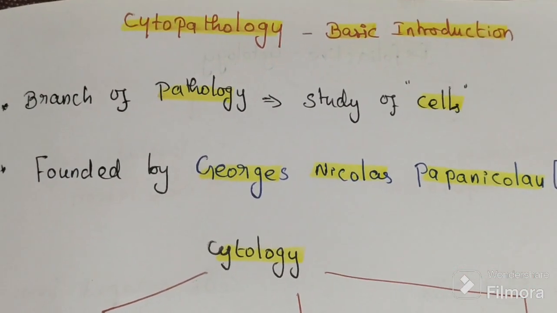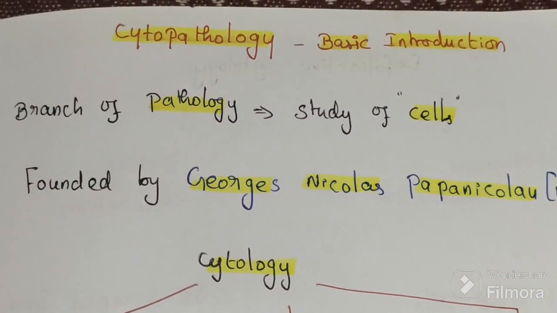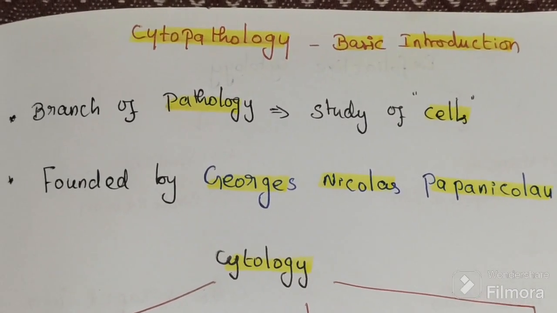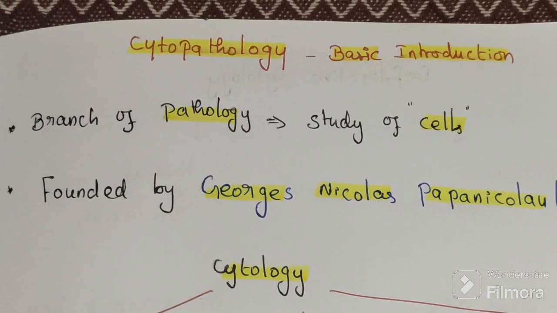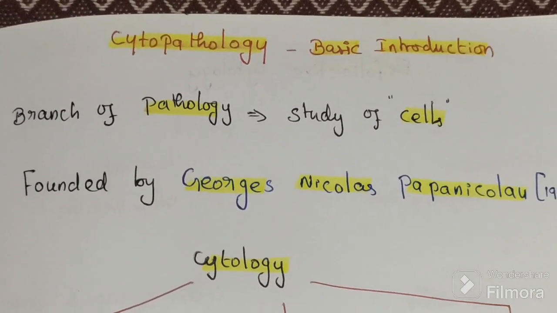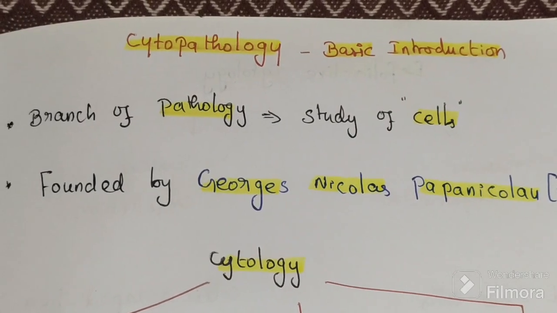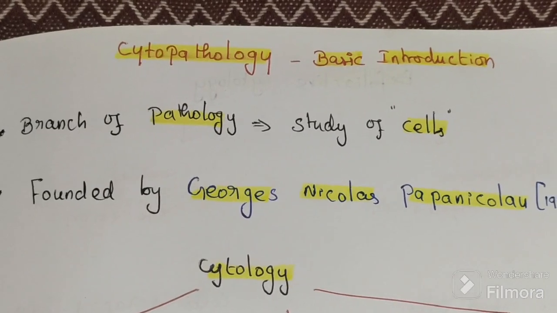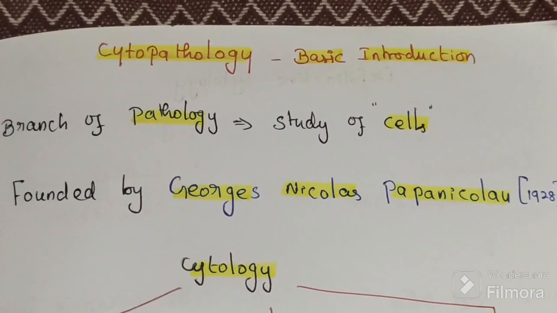In this video, we'll discuss the introduction part of cytopathology, a basic introduction. What is the meaning of cytology? It is a branch of pathology. Cytopathology is a branch of pathology where we study only cells.